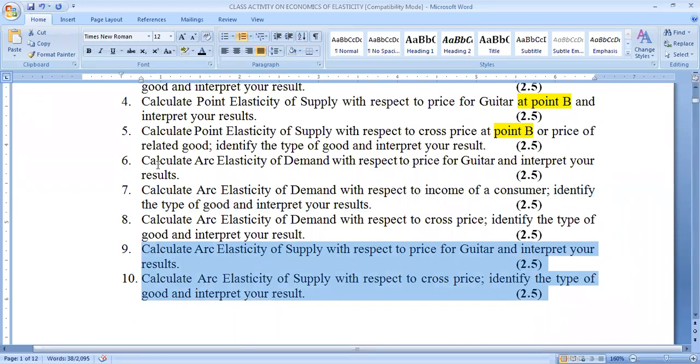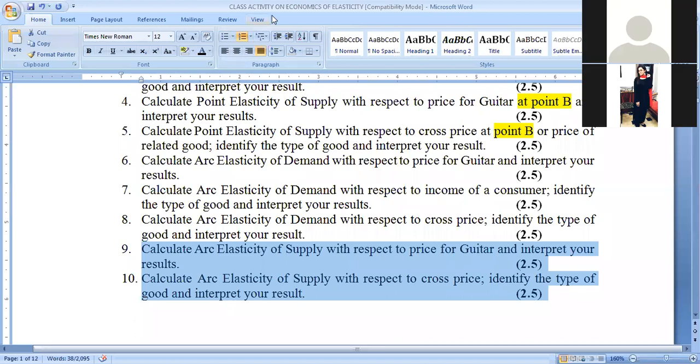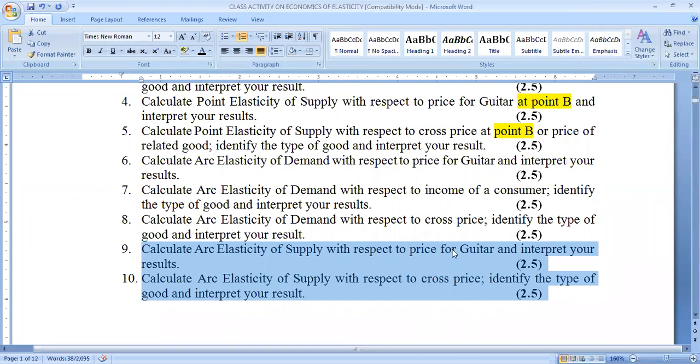So from question 6 to question 8, the concept is about arc elasticity of demand with respect to price, with respect to income, and with respect to cross price. While from question 9 to 10, we have the concept of arc elasticity of supply with respect to price and cross price. Let me start answering question number 6 first, and then I'll be moving towards 7, 8, 9, and 10 in a sequence.